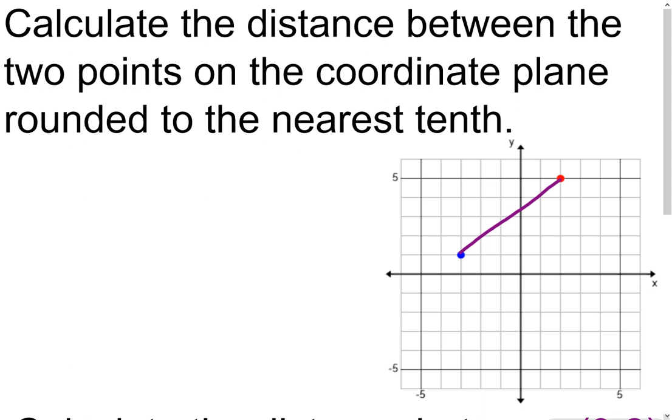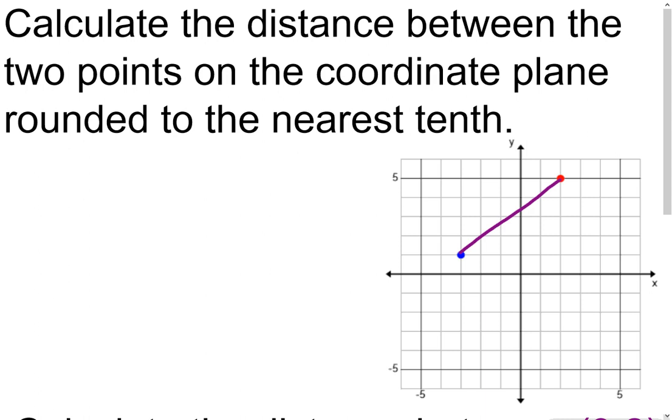Some of you might look here and go, right there's 1 unit. But that's not really 1 unit. One, I didn't draw this straight. And two, even if it would go through this point right here, the diagonal across there is more than 1 unit, so that wouldn't work. So what do we do to figure out the distance in between these 2 points?